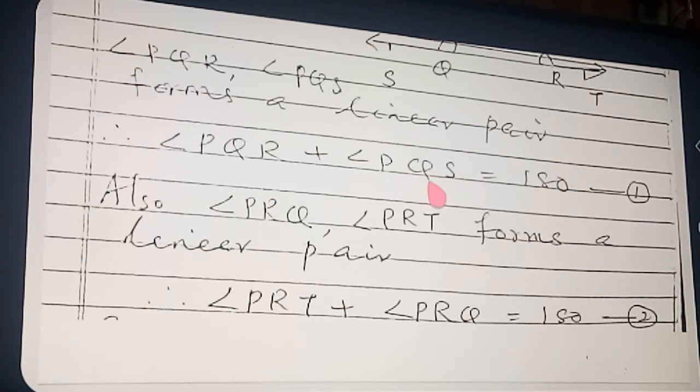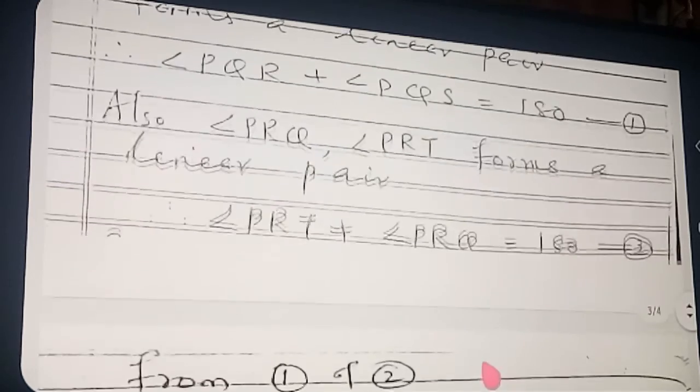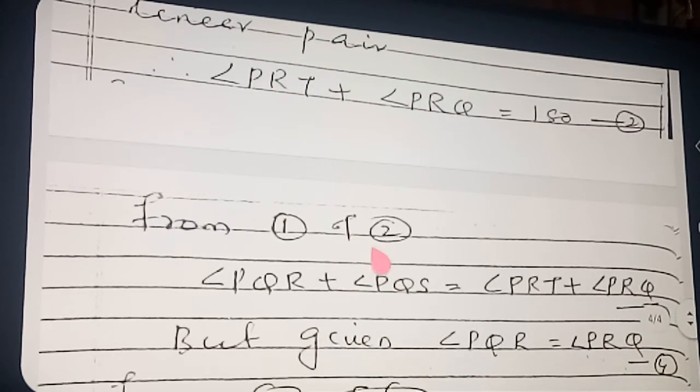These are the same things, no? Therefore, they are equal to one another. So the RHS are equal, so the LHS also will be equal. So I wrote it in the next step. See here, from equations number 1 and 2, angle PQR plus angle PQS is equal to angle PRT plus angle PRQ.